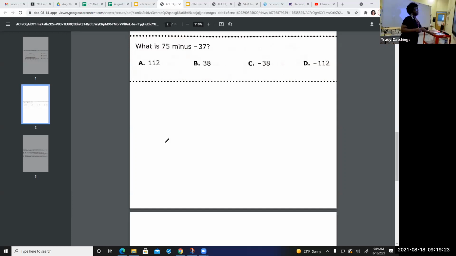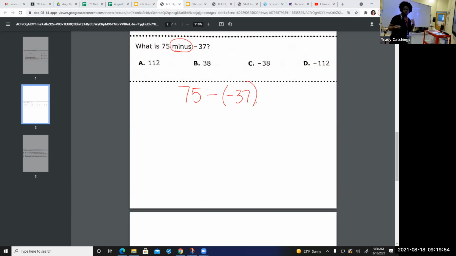That's minus 37. All right, so we got our 75. We're going to use a minus or a subtraction sign for that minus. And then it said -37. So one thing to pay attention to and remember, that minus was not for that -37. A lot of you left that off for your homework, so definitely pay attention to this. So 75 minus with that subtraction sign and then -37.